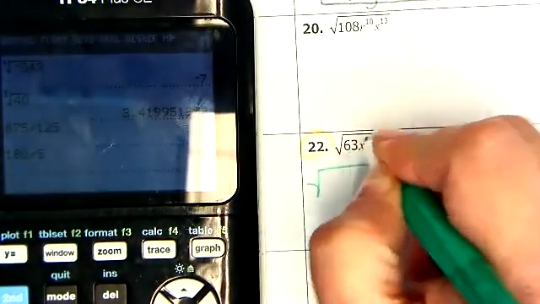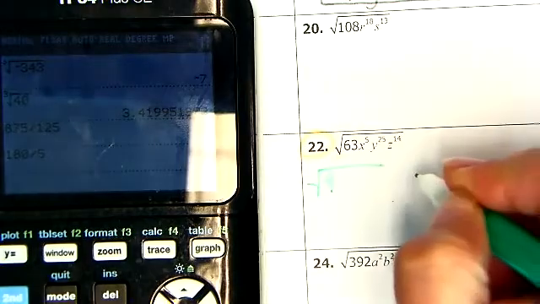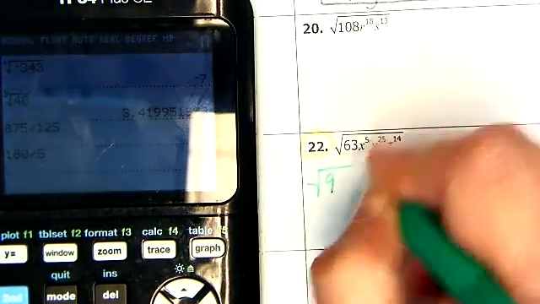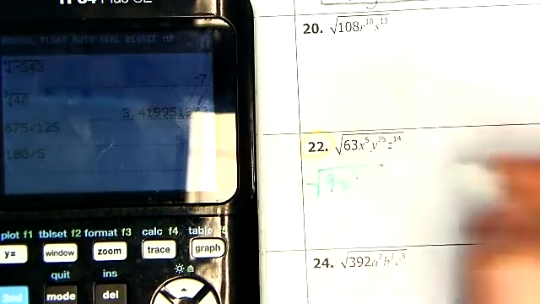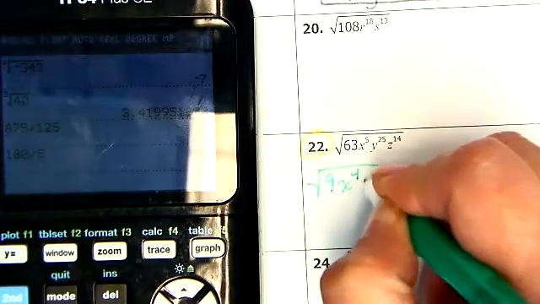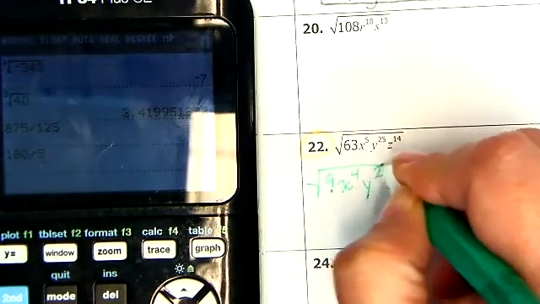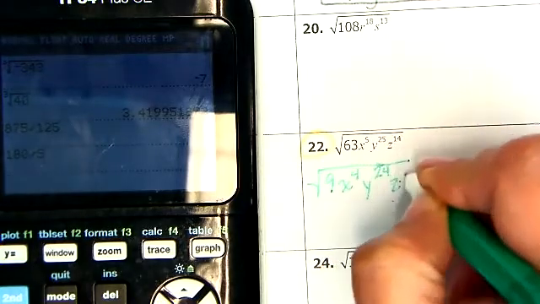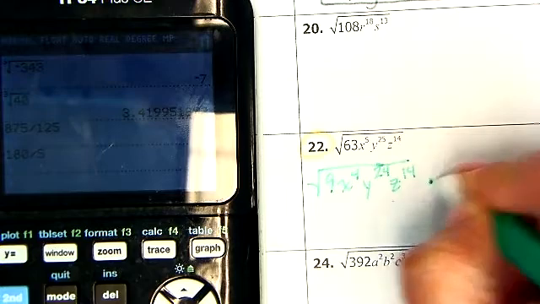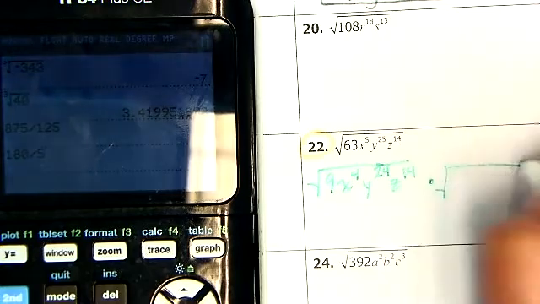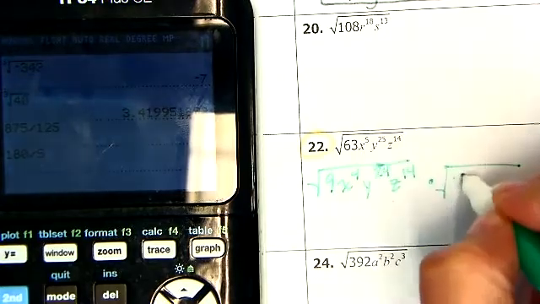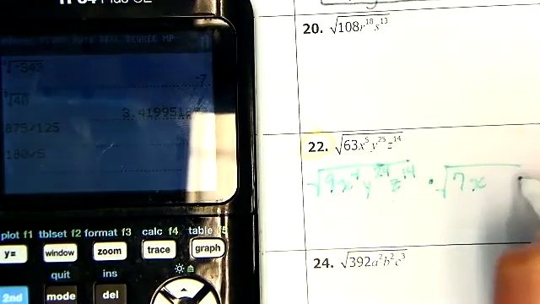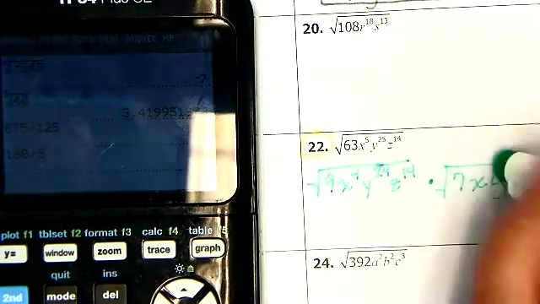So I'm going to bring out the 9. The x to the 5th, I'm going to subtract 1. So that's going to give me x to the 4th under this one. Subtract 1, so that's going to give me y to the 24th. And then a z to the 14th. Times, and now here is what's left. So I'm going to have the 7, the x, and the y.